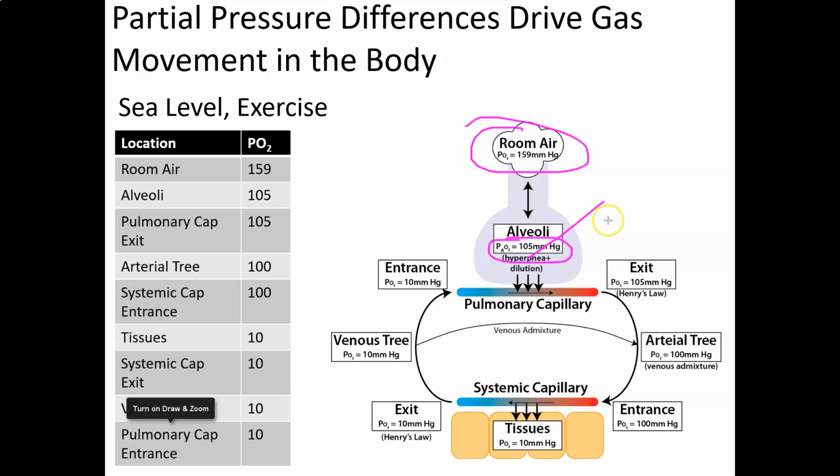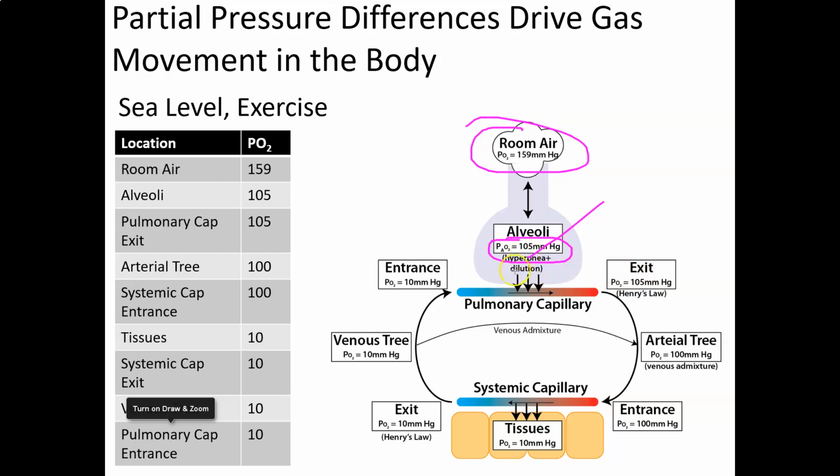That's how this works in terms of ventilation and maintaining our alveolar oxygen. There have been a whole bunch of studies that have verified this in multiple ways. So it doesn't matter whether you're exercising or at rest. If you're at sea level, the alveolar O2 is always going to be 105 in a normal person. And for the person who's exercising, it's because of that hyperpnea we talked about, increasing the respiration to meet metabolic demands.